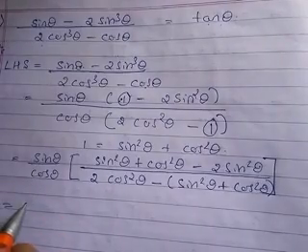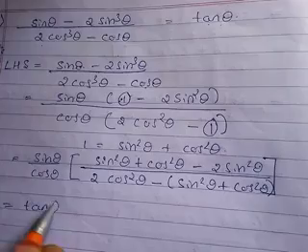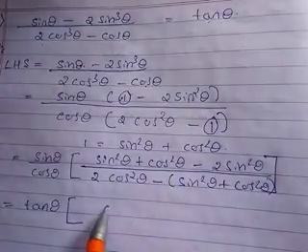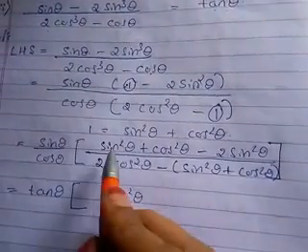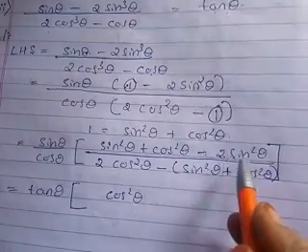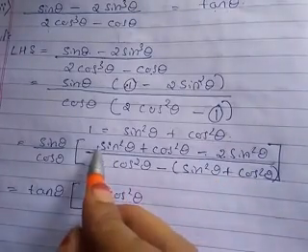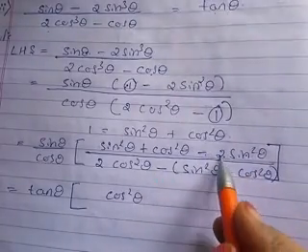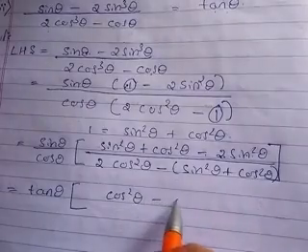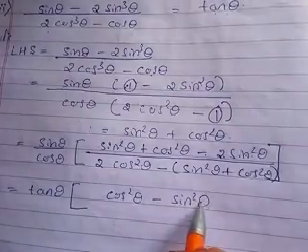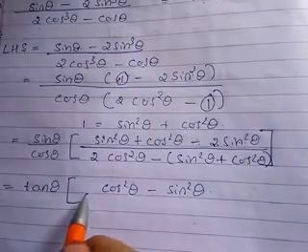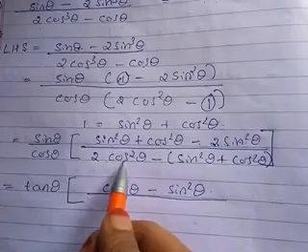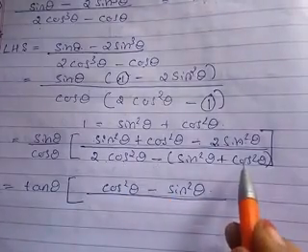Now you can write here sin theta by cos theta is tan theta. Cos square theta, sin square theta minus 2 sin square theta means 1 sin square theta minus 2 sin square theta, which is 1 minus 2, minus 1. So minus sin square theta, divided by 2 cos square theta minus cos square theta.